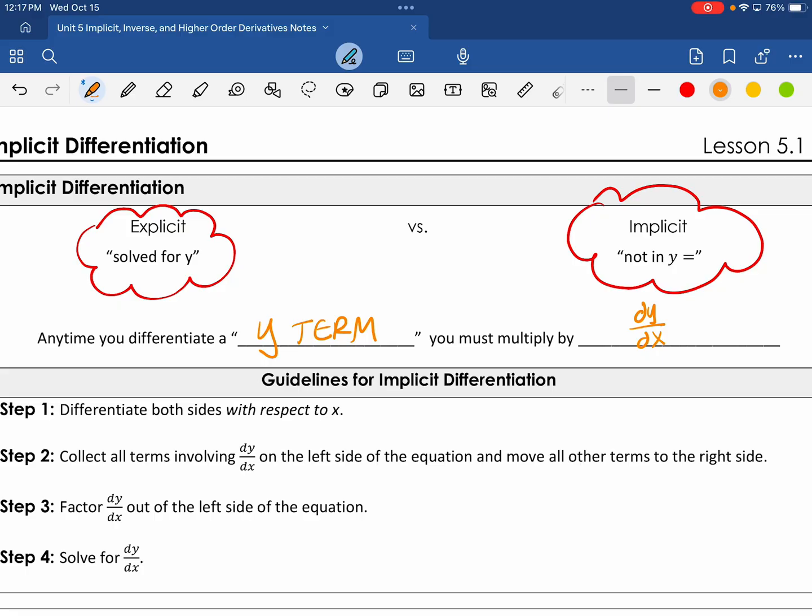Anytime you differentiate a y term, focus, you have to multiply by dy dx. Now, dy dx is the notation for derivative. So don't get confused. So if your question says find dy dx, it's saying find the derivative. This is the same thing as y prime. It is the derivative.